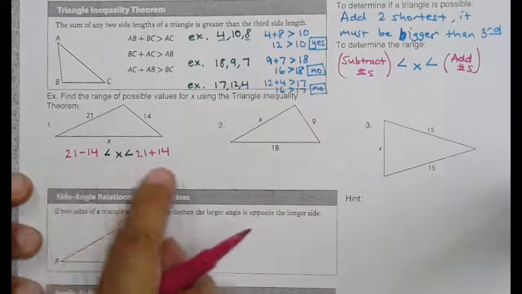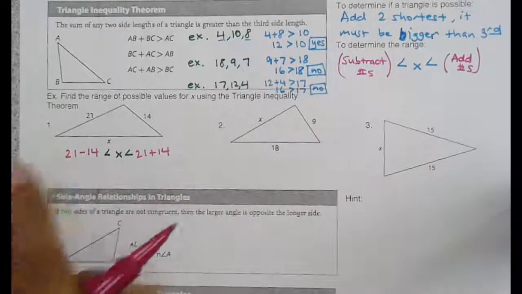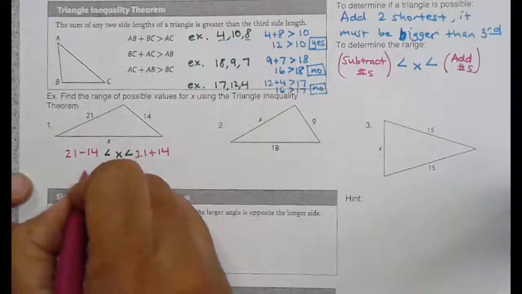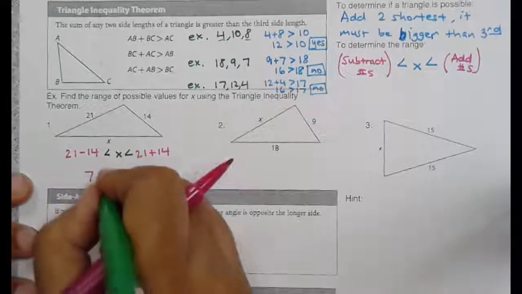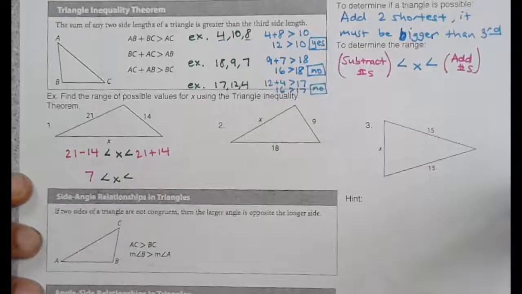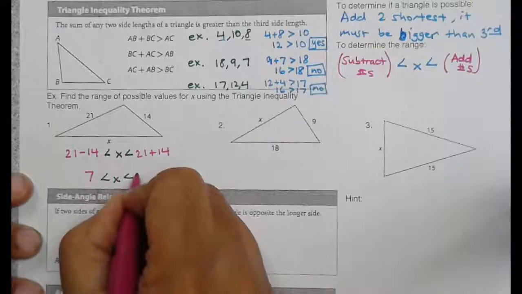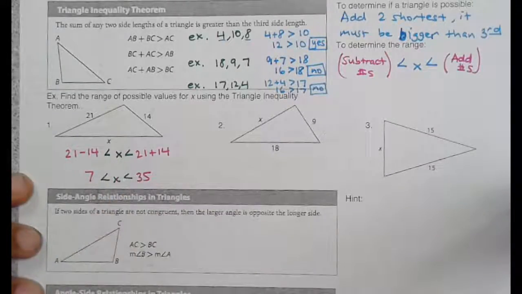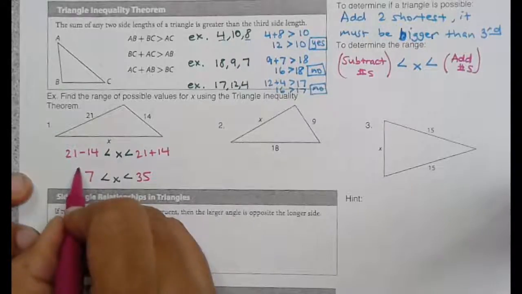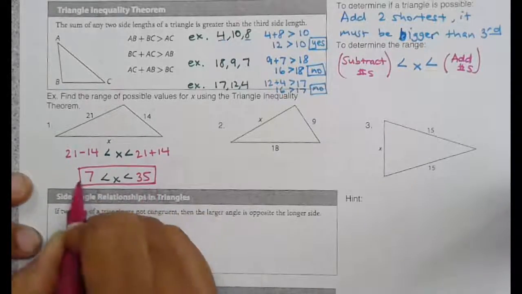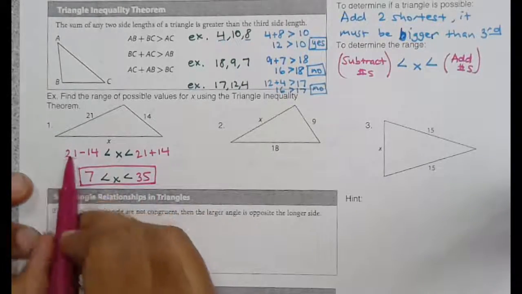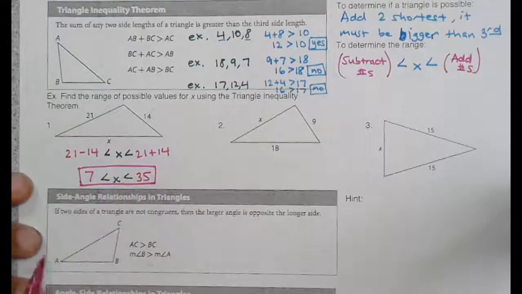Subtract for the smaller, add for the larger. 21 minus 14 gets you 7, and that's less than x, less than 21 plus 14, which is 35. This is our range of values that x could possibly be. x could be any value between 7 and 35. It cannot equal 7 and it cannot equal 35. Okay? All right, let's take a look at the next one.